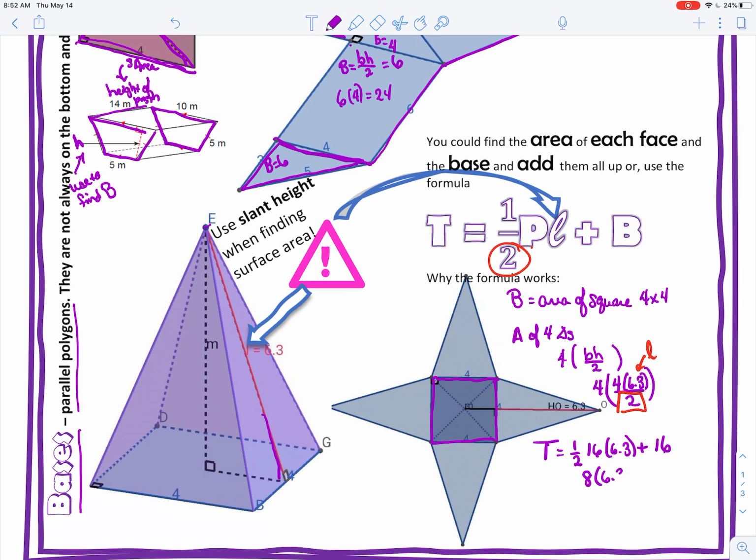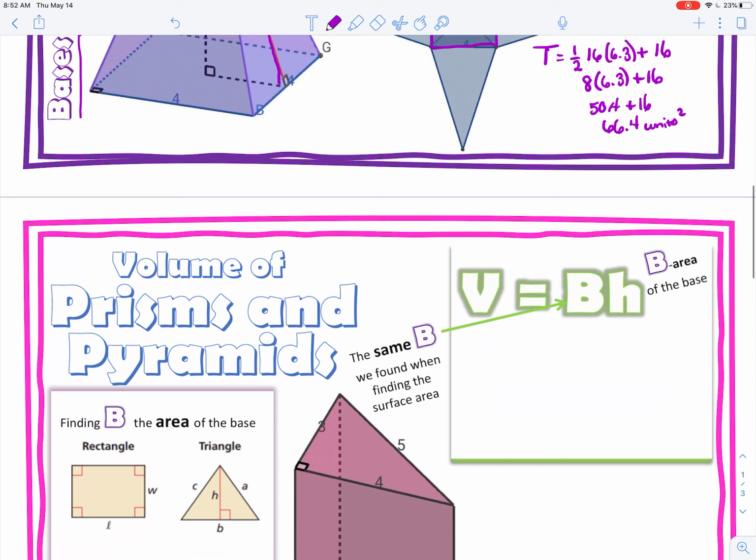So 8 times 6.3 plus 16. 50.4 plus 16 should be 66.4 units squared. Okay, so really crucial that you remember when you're finding surface area, total surface area, use the slant height. Okay, it's different when we're finding volume.